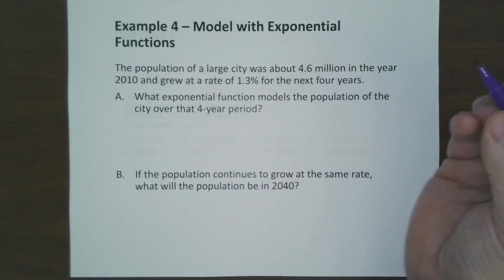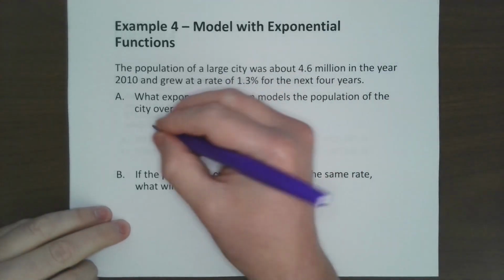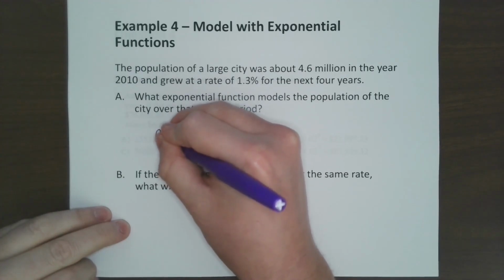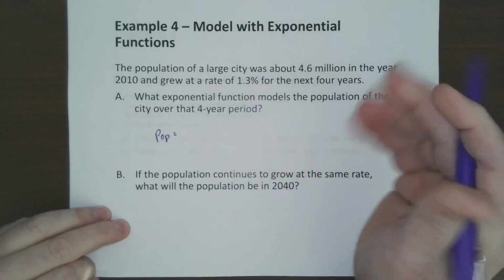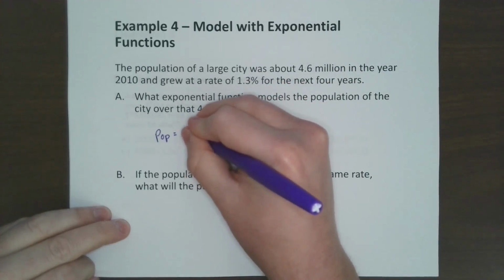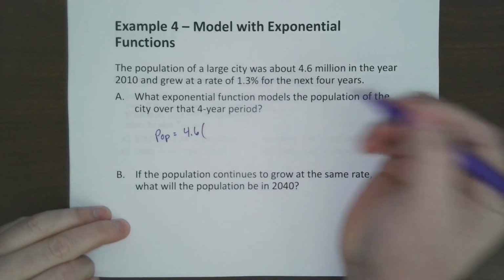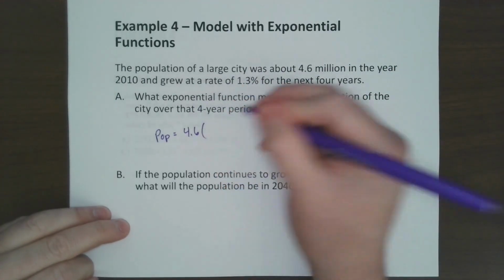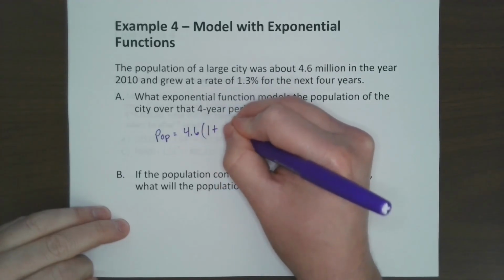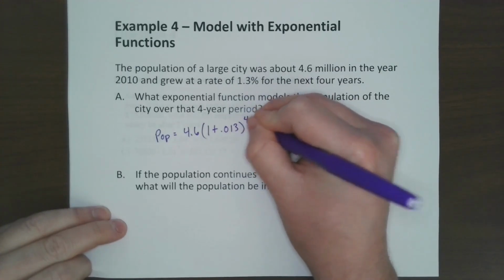Well, the way it works is we have a growth and decay. So the growth formula works like this. We've got our population. We're going to start with the starting amount, which is 4.6 million. And now it's going to grow at a rate of 1.3%. Since it's growing, we go 1 plus 0.013 to the 4th power.